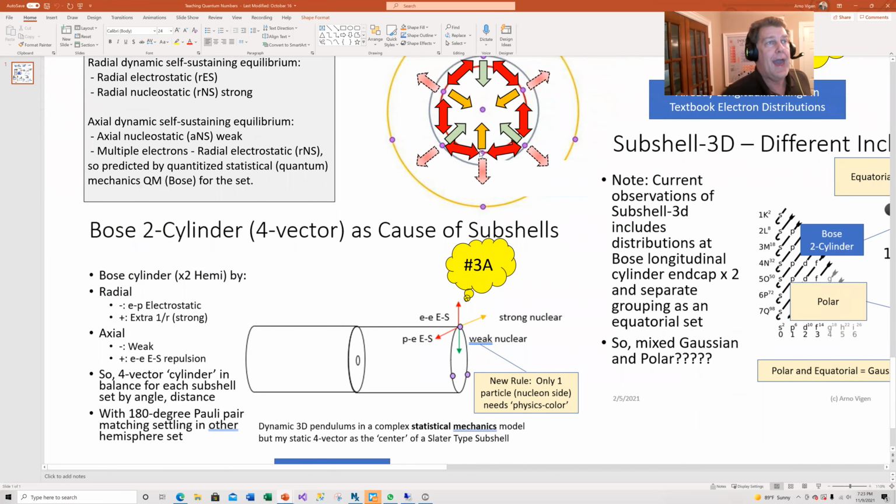You see, you have to add up all those red repulsions, and because they're on different sides, the sideways don't happen. It becomes directly out to offset that directly inward to the axis. This is a polar view, so you're looking at the axial plane, and you see that the math works so that you can have radial, electrostatic inward, versus extra 1 over r, outward. Axial, the weak force inward, and the electron to electron repulsions.